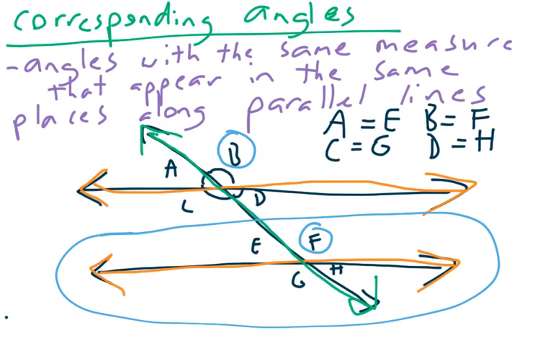Same thing with the letter C and the letter G. They are in the bottom left angle, so they are going to be equal to each other. This only works if your lines are parallel, but they are corresponding angles. They're basically in the same spot on the lines in the picture.